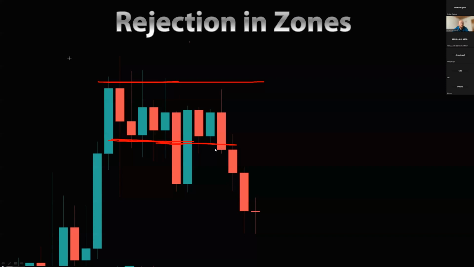But I look at it this way: we were ranging, broke out, came back in, ranging, broke out again. So once we've broken out the second time, start asking, will we go back inside, or this time will it continue to go down?